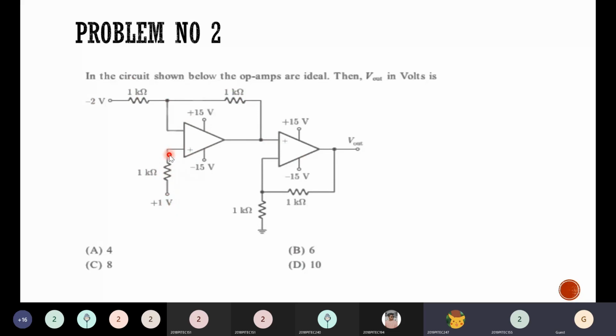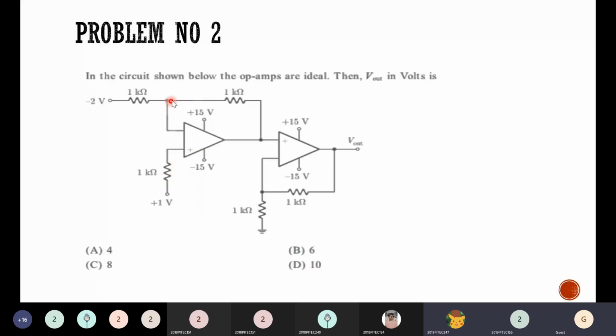Only if there is a closed path, there will be a flow of current. But here, no current will enter into the op amp because of high input impedance. It is like an open circuit here, and therefore the current will not flow into this, and the entire voltage will be available at this point, the same 1 volt. So this is 1 volt. Since this point is 1 volt, this point is also 1 volt.